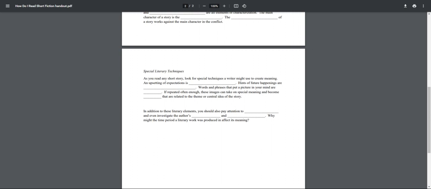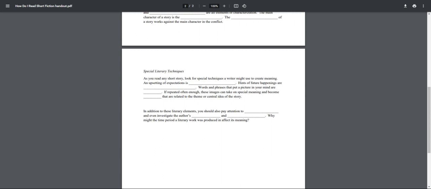And it's even important to investigate the author's life and the author's culture, because the time period of a literary work is always going to affect its meaning. Literature is a cultural artifact. So in order to understand culture, you've got to read its literature.